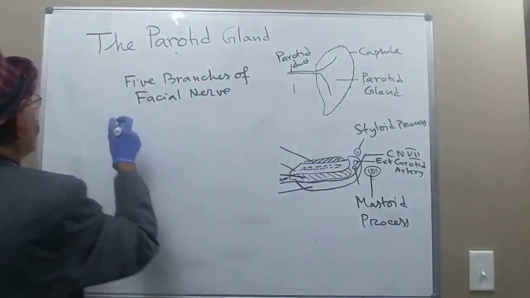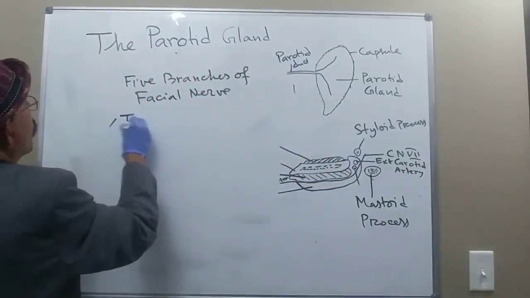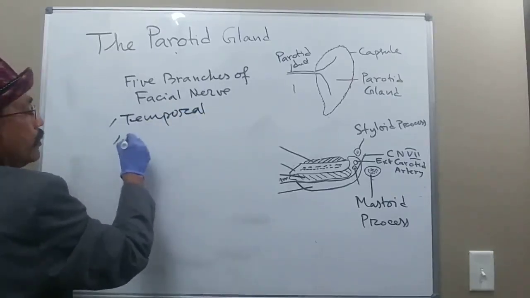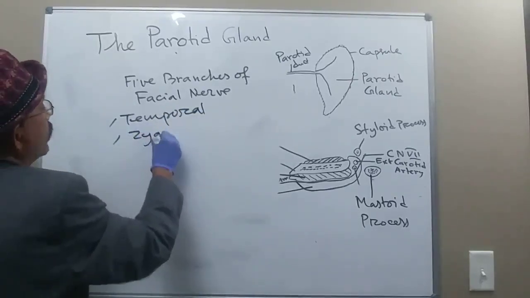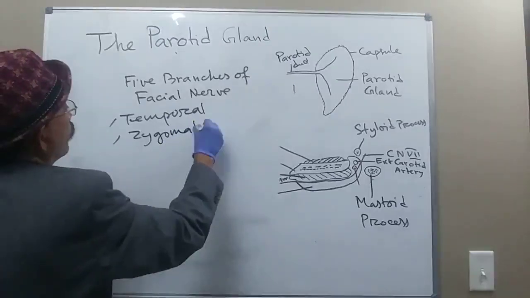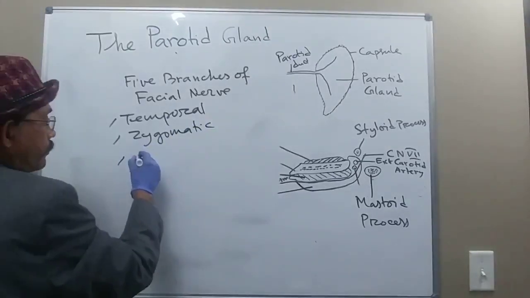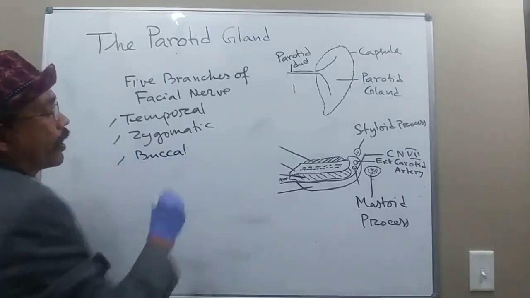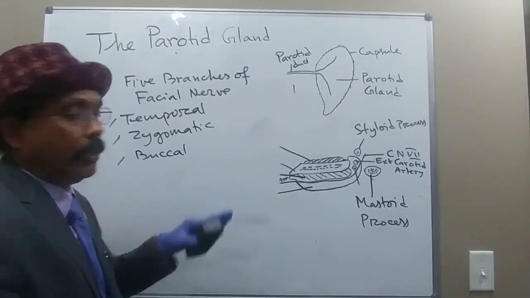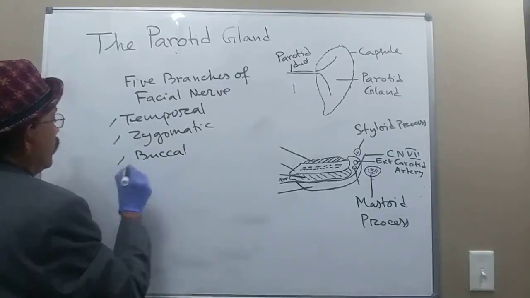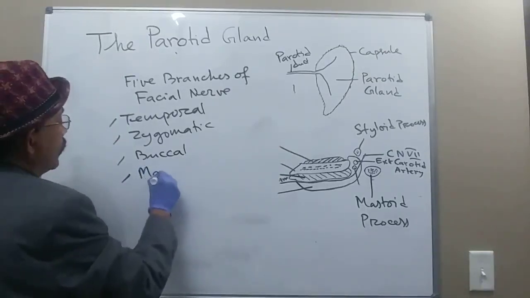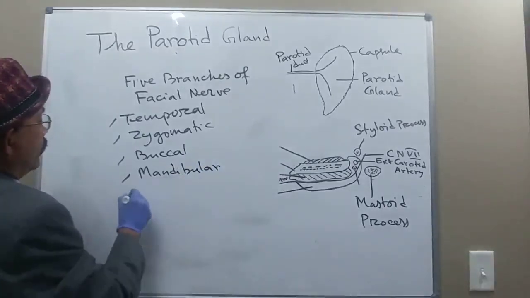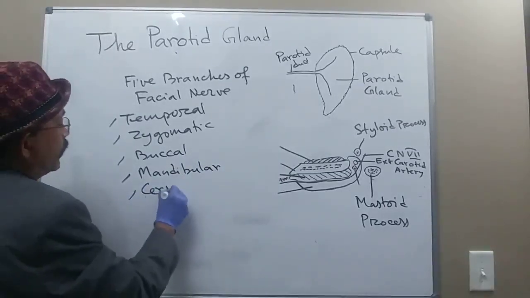So we have the branches: temporal, zygomatic, and buccal. Usually we have two buccal nerves, upper buccal and lower buccal. Then we have the mandibular branch and the cervical branch.